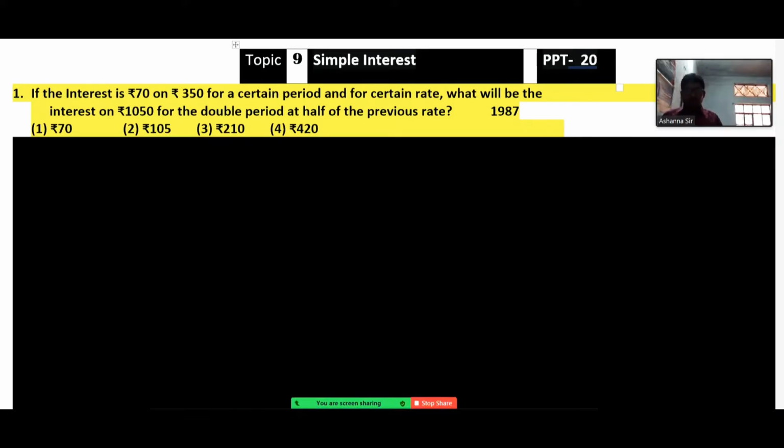But here this is a logical question we have to solve. To find this we have to use this formula, I, P, T, R.